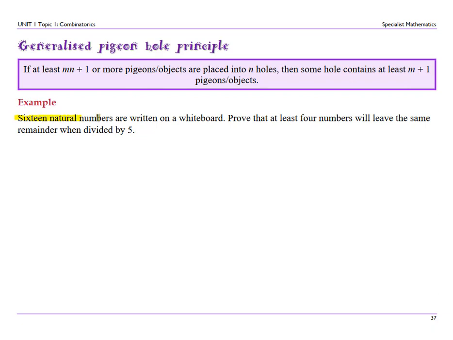We have 16 natural numbers written on a whiteboard. Now, natural numbers: 1, 2, 3, 4, etc. Prove that at least 4 numbers will leave the same remainder when divided by 5.